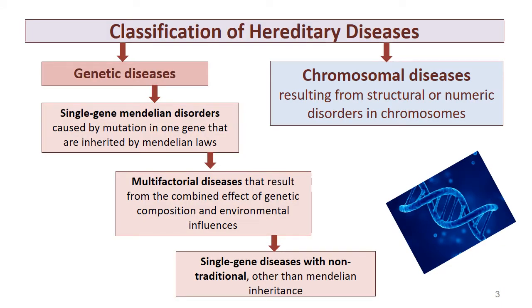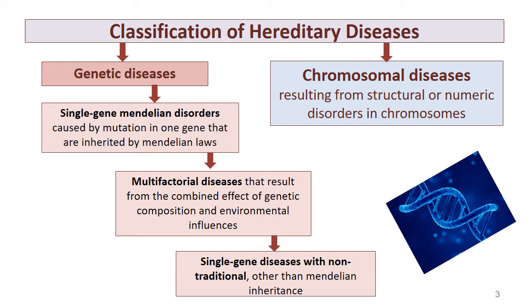Classification of hereditary diseases. They are classified into genetic diseases and chromosomal diseases. There are three types of genetic diseases. First, single-gene Mendelian disorders that are caused by mutation in one gene and are inherited by Mendelian laws.